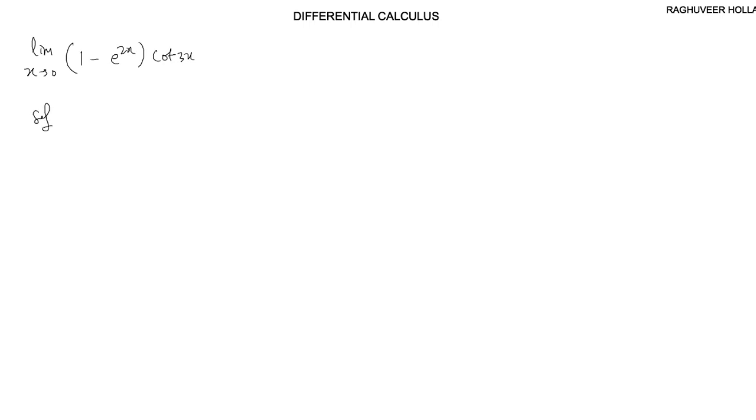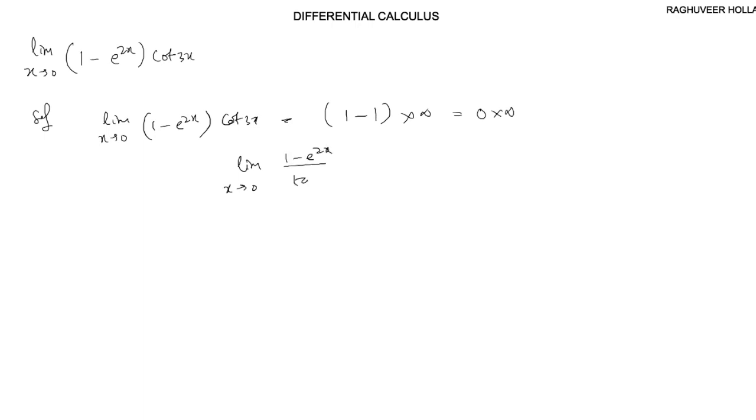Limit x tends to 0, 1 minus e to the power of 2x, mod 3x. Now as limit x tends to 0, this is 1 minus 1 multiplied by infinity, which is 0 multiplied by infinity form, which is indeterminate.